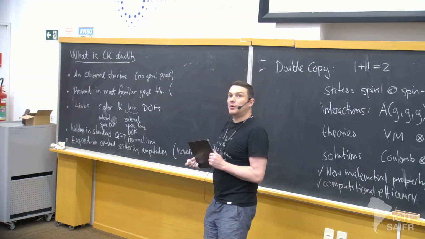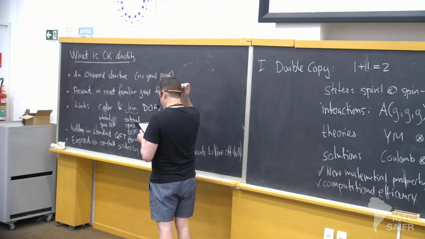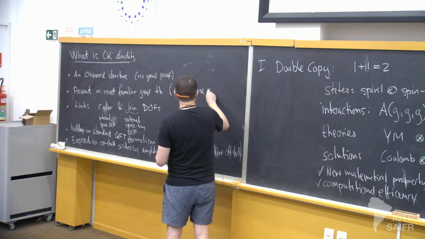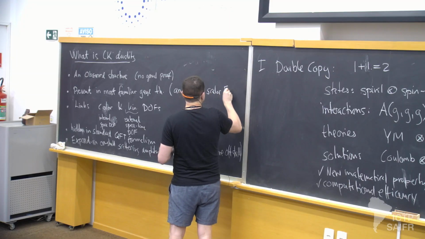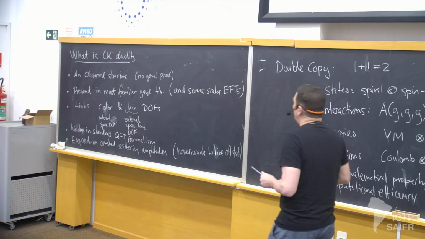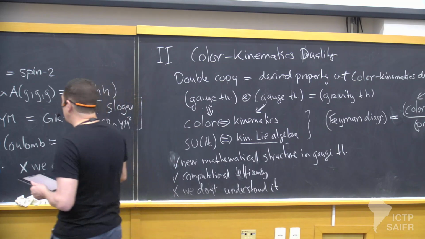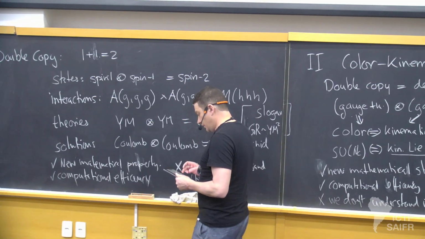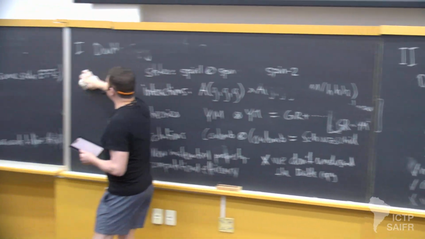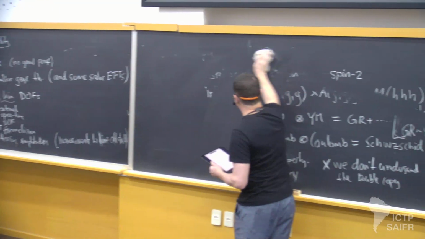I said it's present in most gauge theories, but it also turns out to be present in some other theories, some scalar EFTs, effective field theories, which people are excited about, such as pions. Like when you scatter pions, it also seems to work there. All right. Okay, so I will slowly start to get more concrete.